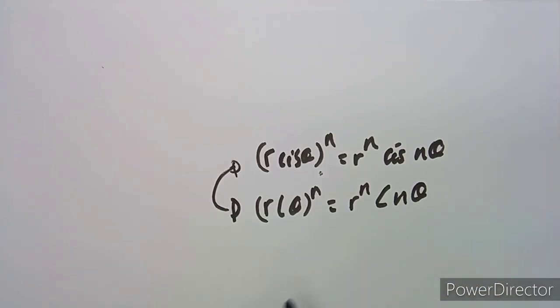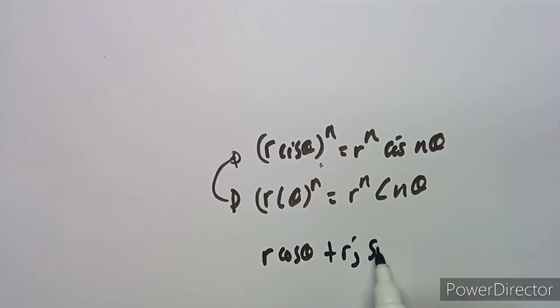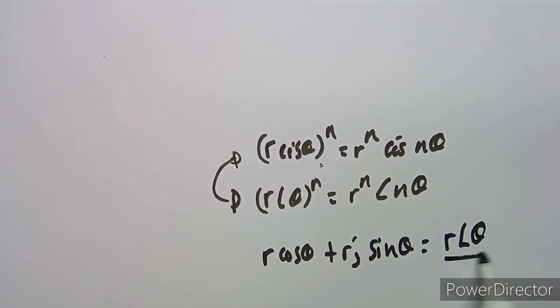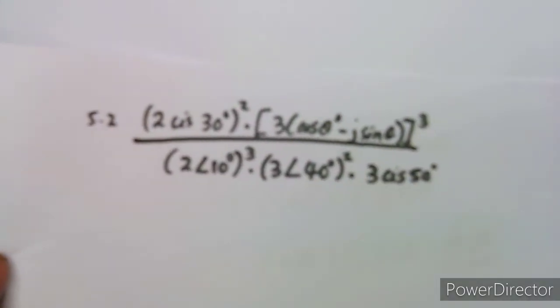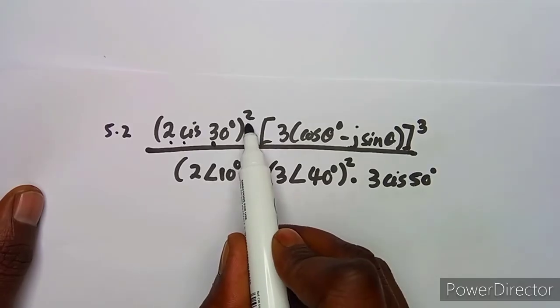Also you're supposed to know that r cos theta, guys, plus rj sine theta was taken from r angle of theta. This is what gave us r plus. Okay, so now here we are given 2 cis 30 to the exponent of 2.